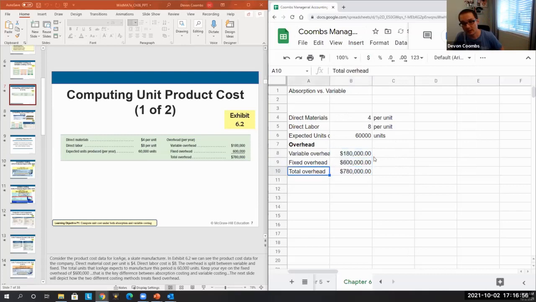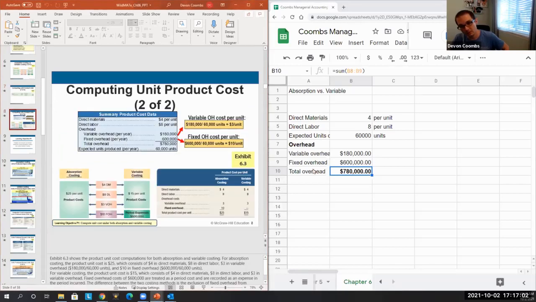And so the question is, how do we allocate this overhead? Well, under the variable costing method, we wouldn't include the fixed. In absorption, we would for product costs. And so the real question is, what's the cost per unit? Variable product costs are here.